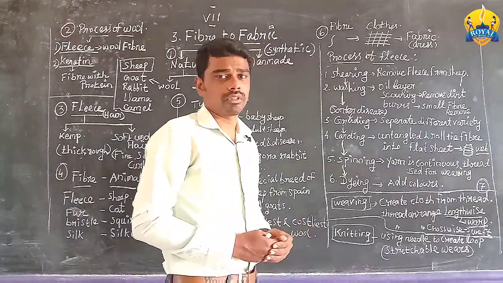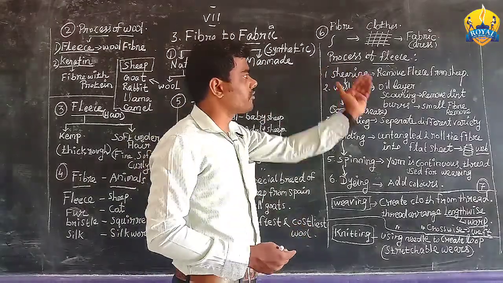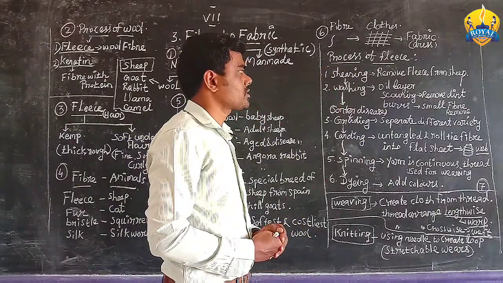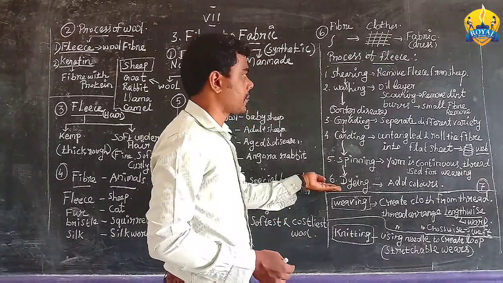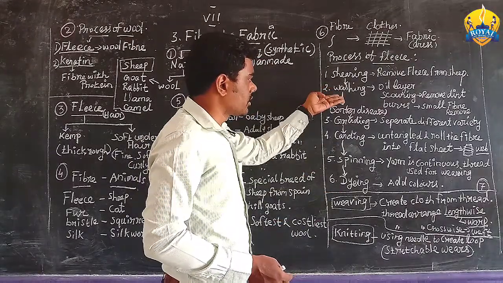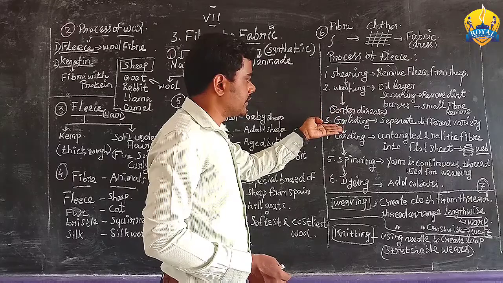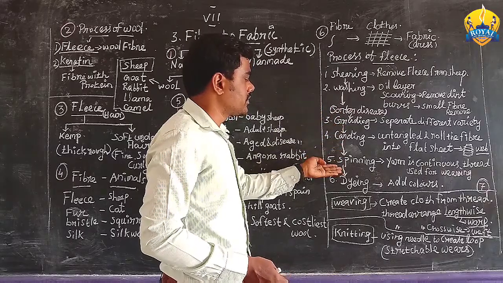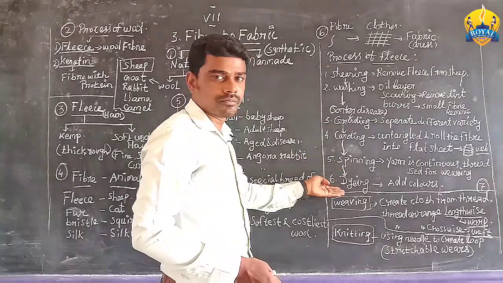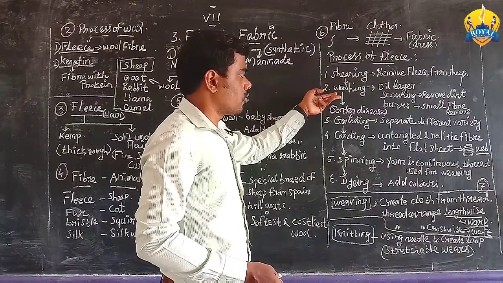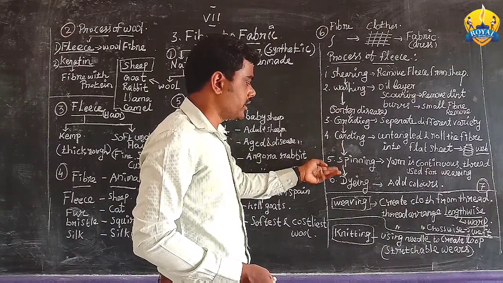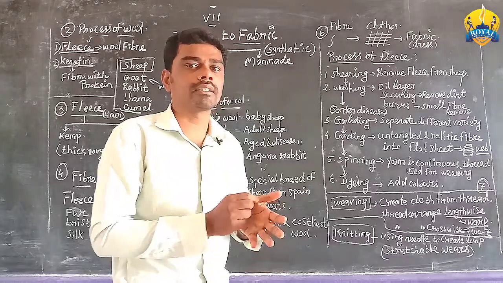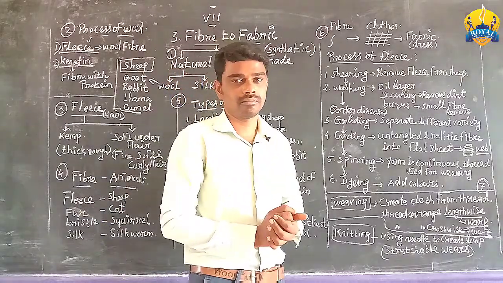That is our next question, the process of fleece. Nearly 6 processes are there. What are they? Shearing, washing, grading, carding, spinning, dyeing. So nearly 6 stages are there.